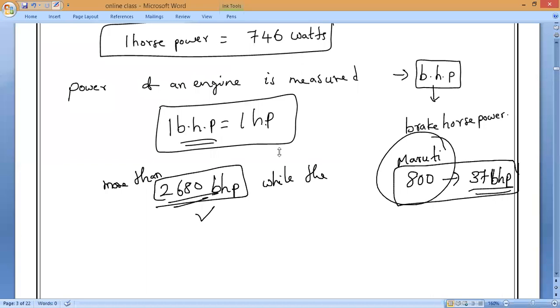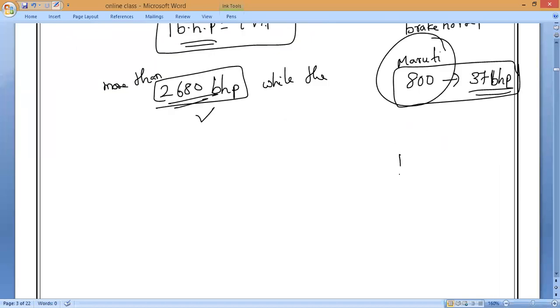Sir, that means the friction of the Maruti is very less? Not the friction, nor the pulling capacity, nor power in the sense of load. For example, suppose I take one BHP motor and a 5 BHP motor.